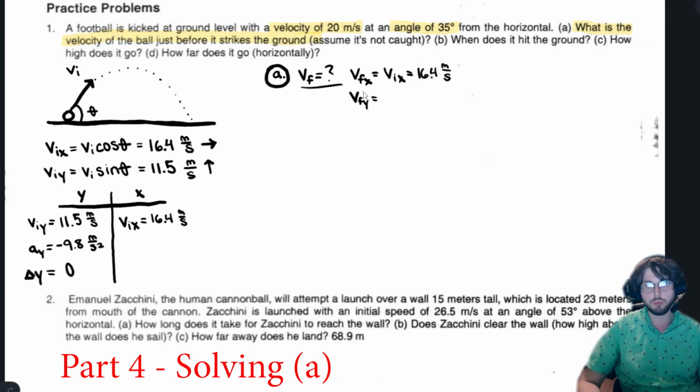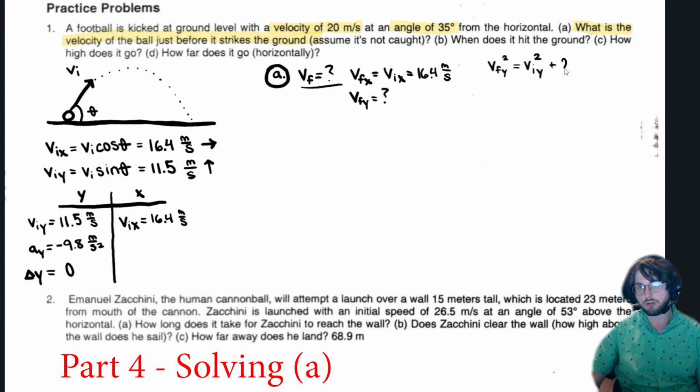So let's say vfy squared is going to equal v initial y squared plus 2 times ay times delta y.